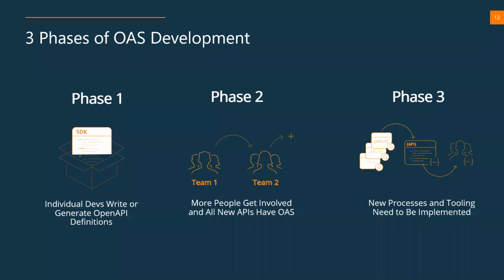So we're now going to be working across multiple teams within the organization, could be collaborating with external consumers, and we're going to have to use tools to help ease those processes.